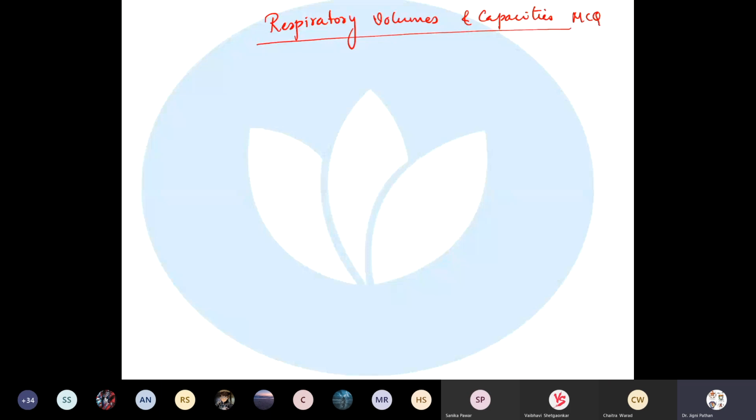So, what do you mean by volumes? Volume means the volume of air the lungs can hold.